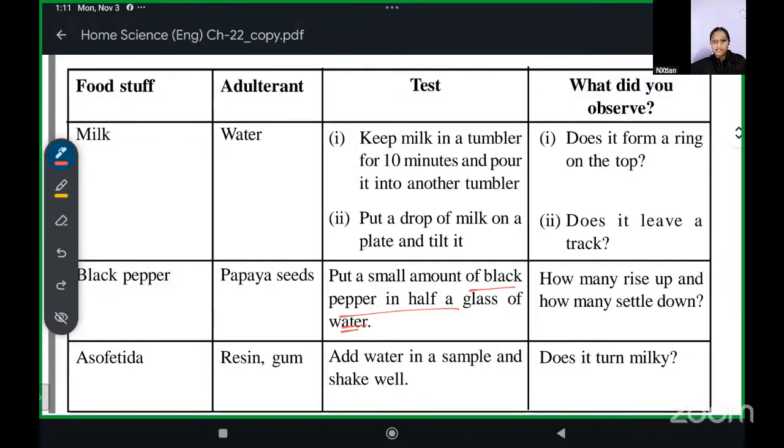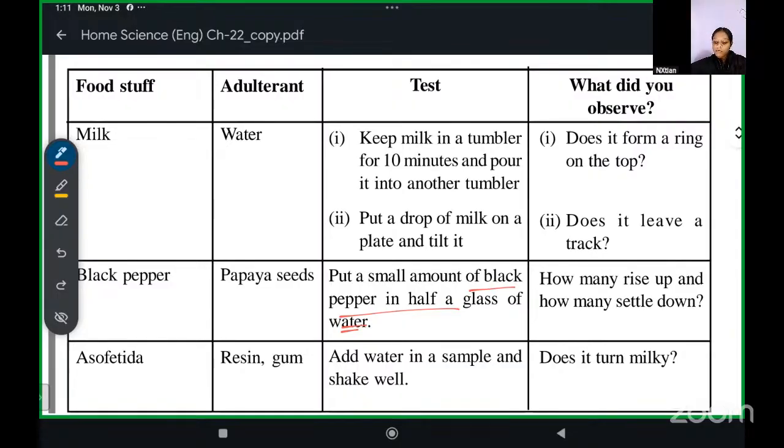Black pepper will float on water, and the papaya seeds settle at the bottom.